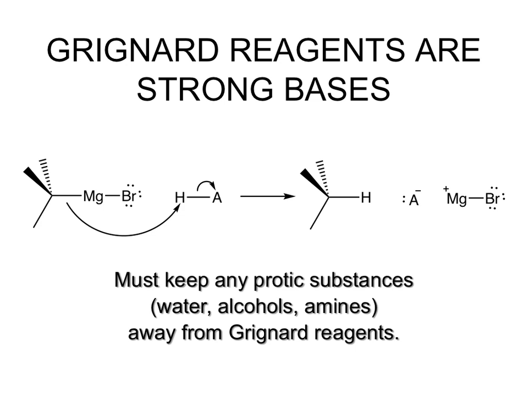One of the consequences of making the carbon the negative thing in the bond is that Grignard reagents are very strong bases. And so if there's anything even remotely acidic around, they will take a hydrogen ion.